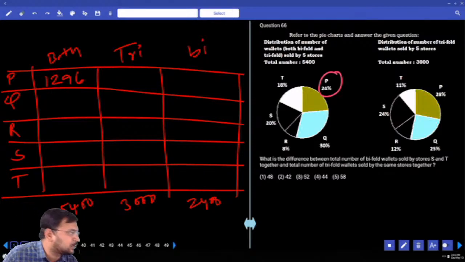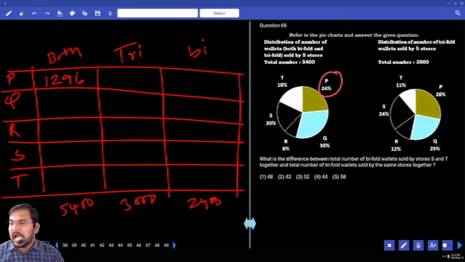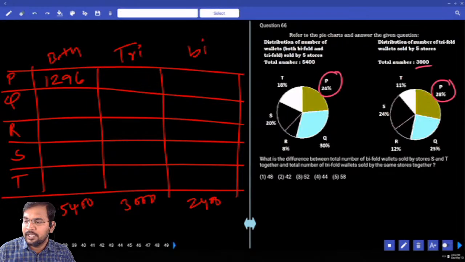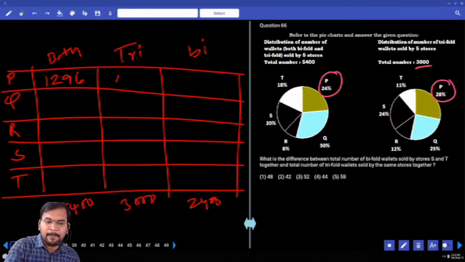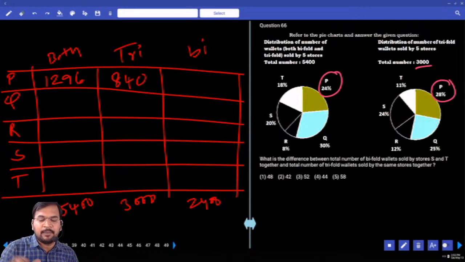Out of that, for P, here 28% of 3000. 28 threes are 84, 840. Remaining on bifold is 160. Here 160 less than 296, 300, 304, 456.